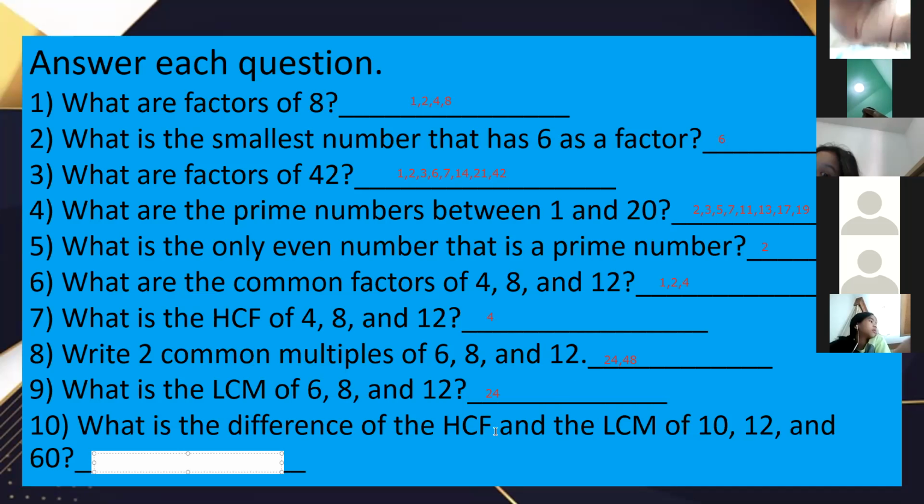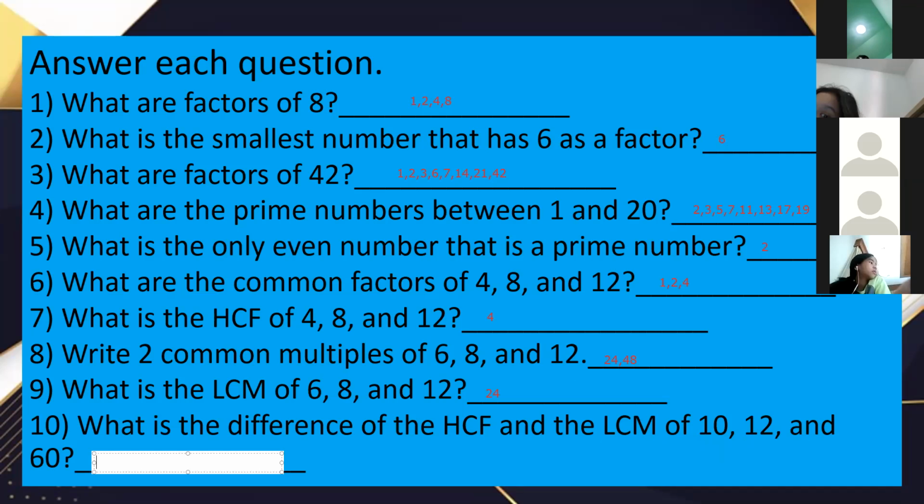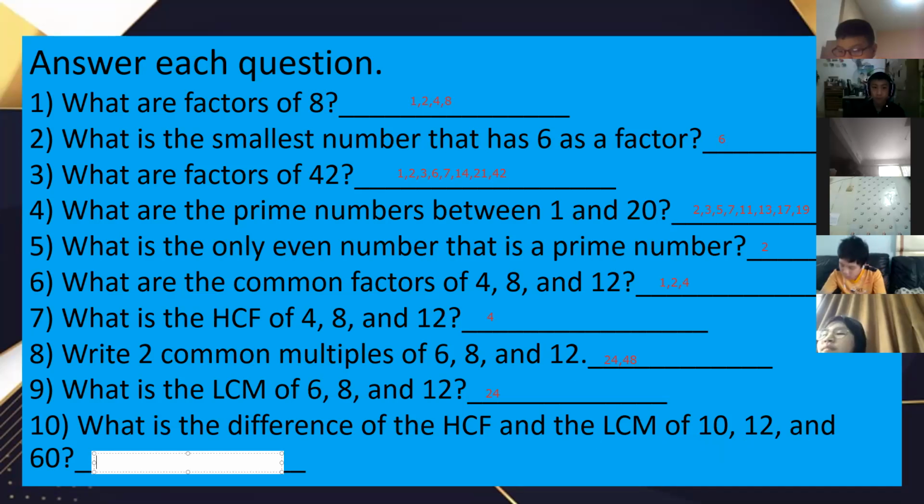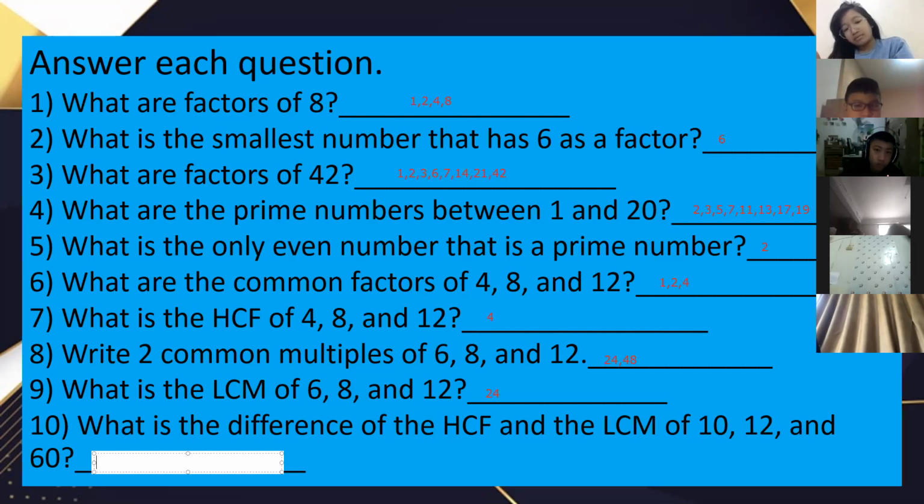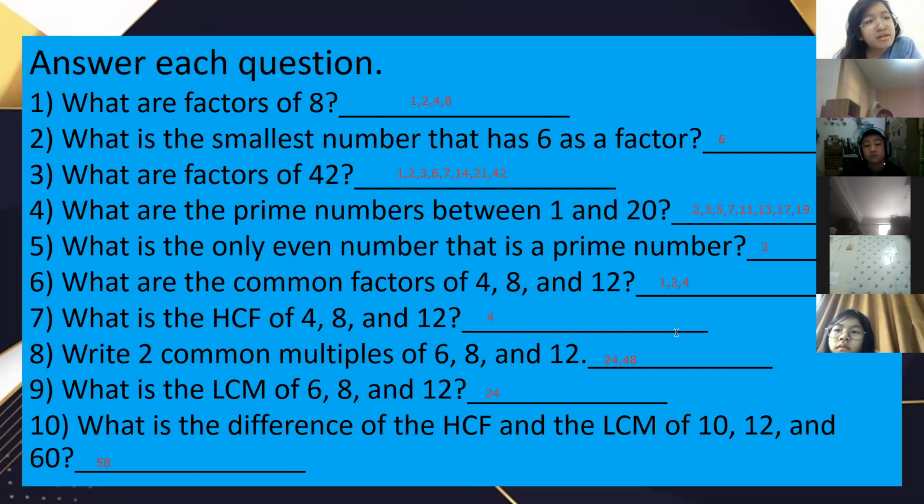You will find the HCF and then the LCM of these three numbers, and then you are going to subtract. 58. Very good.